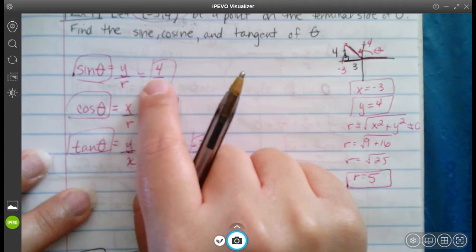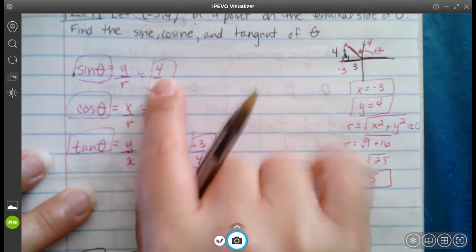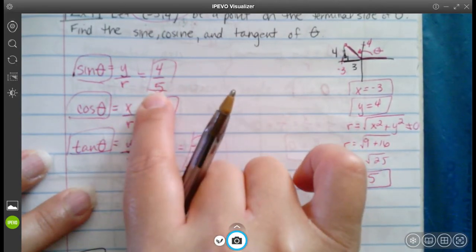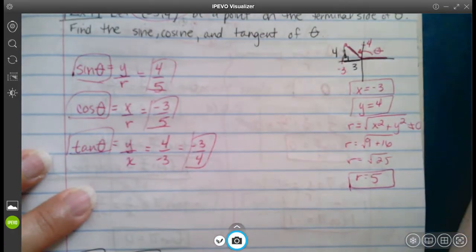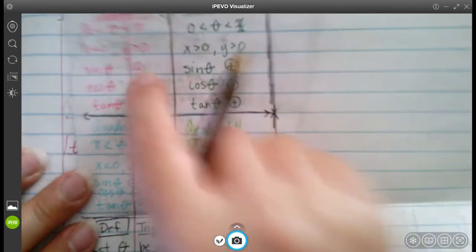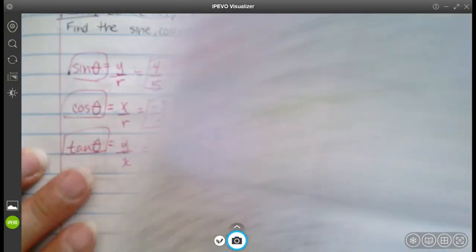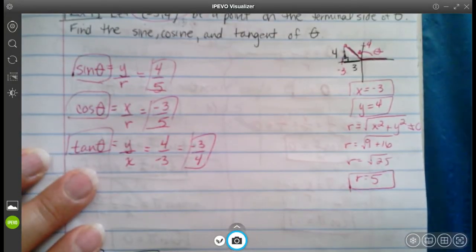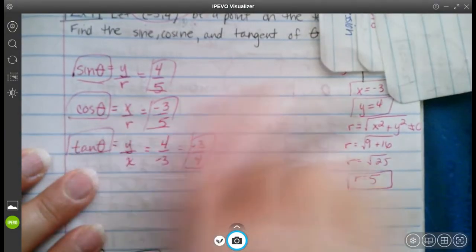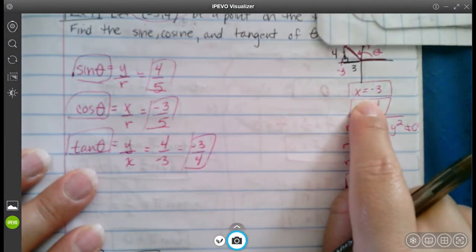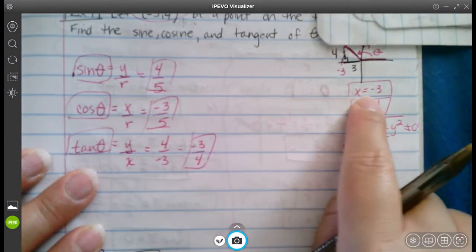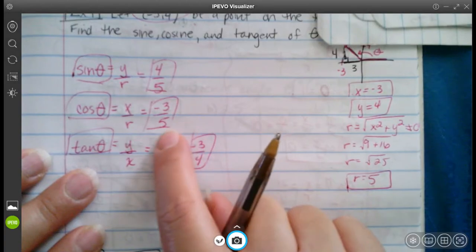Following the definition, y divided by r would be 4 divided by 5. We already saw that sine is positive, so our number should be positive. Same thing with cosine. We take our x value, -3. Remember, our x is actually negative in that one, divided by r, which is 5.